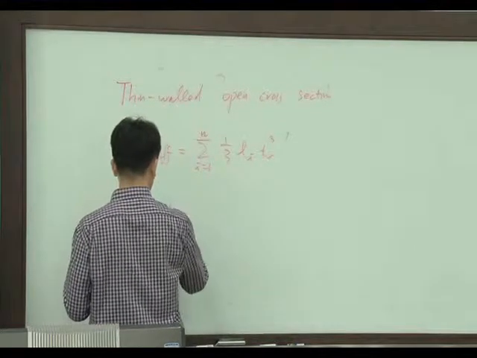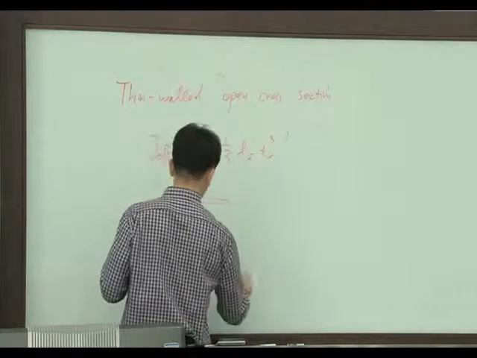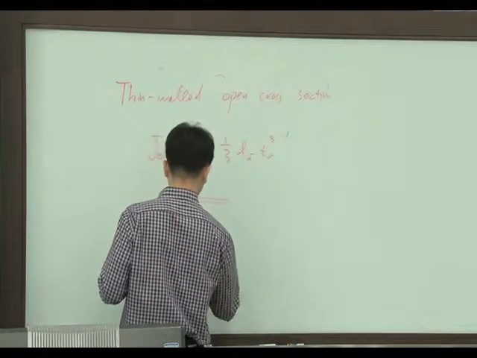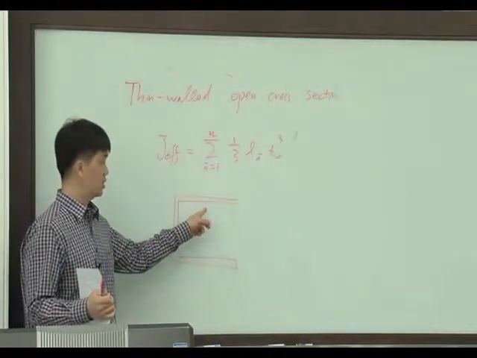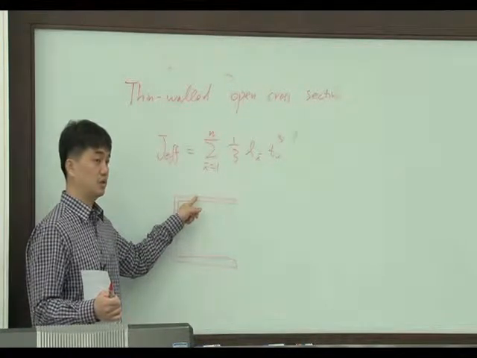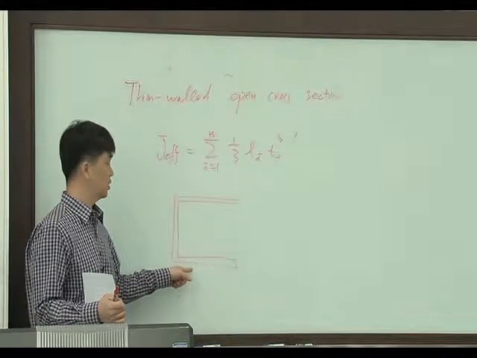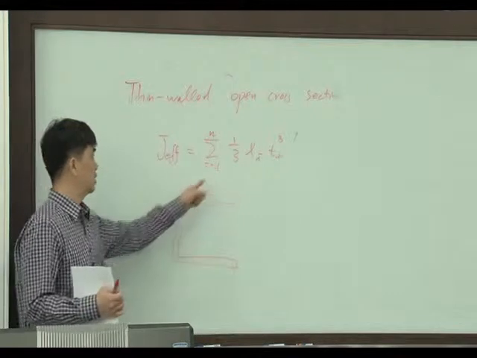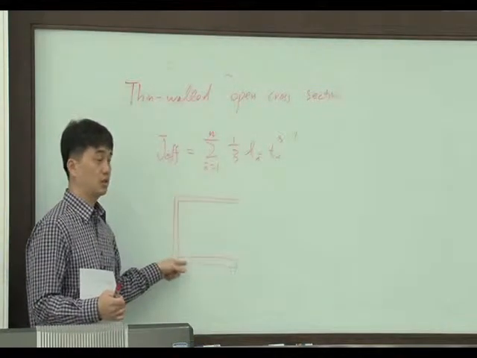So, for example, that equation means that if a thin-walled cross section consists of 3 plates, 3 thin walls, first wall, second wall, third wall, then the stiffness of the thin-walled open cross section is just the sum of the stiffness of each wall.